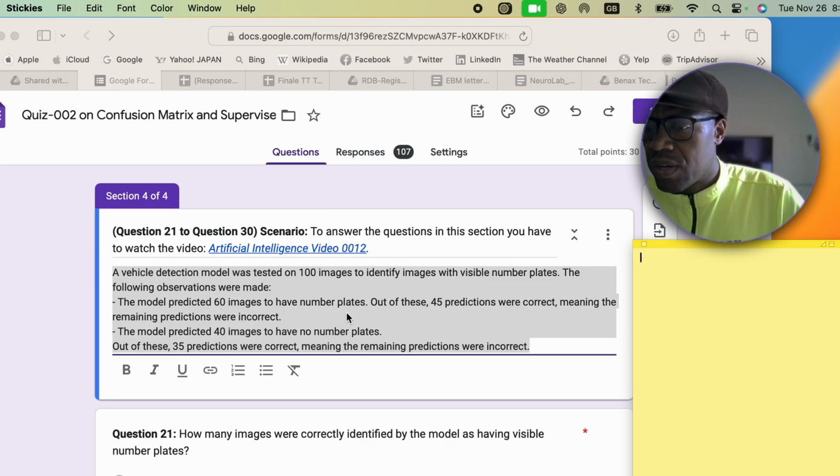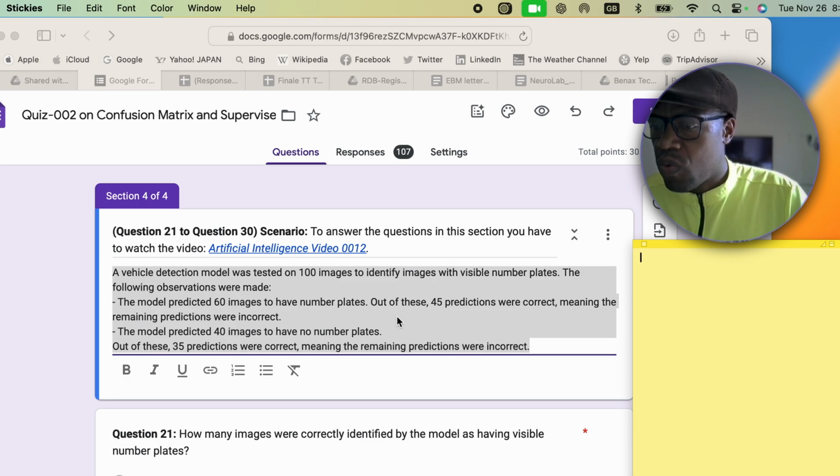A vehicle detection model was tested on 100 images to identify images with visible number plates. The following observations were made. The model predicted 60 images to have number plates. Out of these, 45 predictions were correct, meaning the remaining predictions were incorrect.